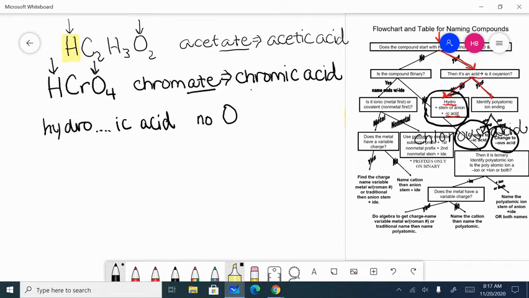There's a couple exceptions. So this is hydrochloric acid, hydrobromic acid, hydroiodic acid, hydrosulfuric acid, hydrophosphoric acid. So there's not that many of them. When H+ is with nitrogen, it actually becomes ammonia, which is not an acid. It's a base.